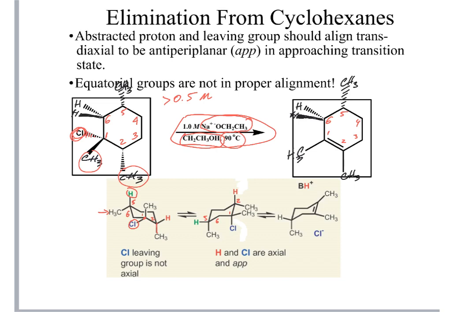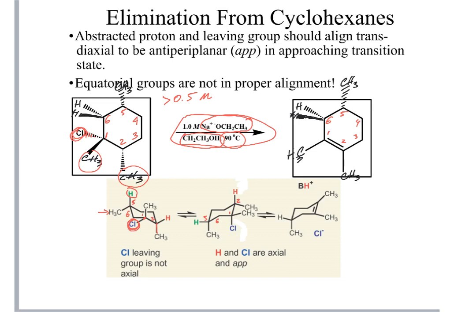So once you draw the chair conformation, firstly, look at the leaving group. In order to consider E2 elimination, the leaving group, in our case the chloro group, has to be in axial position. If it is not, do not even consider what product you will form. You need to flip the chair until the leaving group is axial.